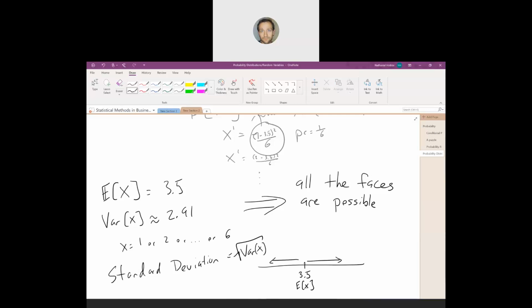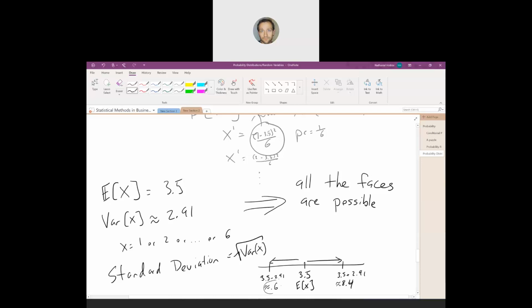The reason why is because here, if the variance is 2.91, then this would be 3.5 plus 2.91, and here would be 3.5 minus 2.91. So this value here is what? About 8.4. And this is, I don't know, 0.6.